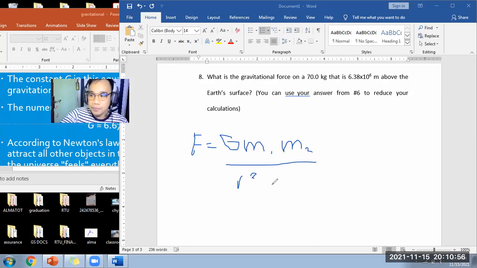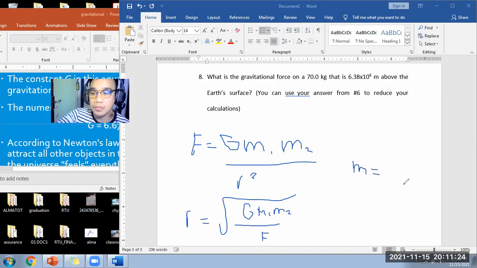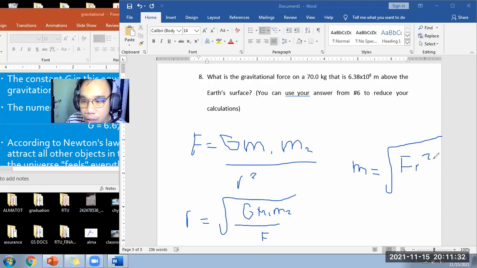So when the unknown is the distance, this is our formula for distance: R equals square root of G M1 M2 over F. When we look for the mass, the formula is the square root of F R squared over G.